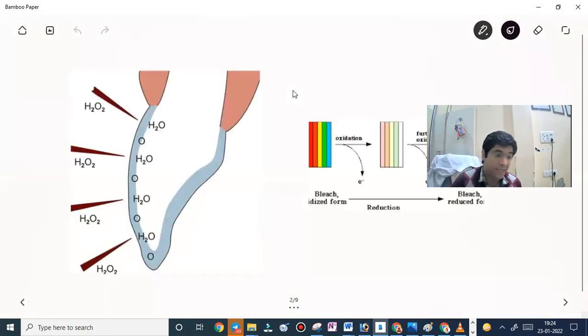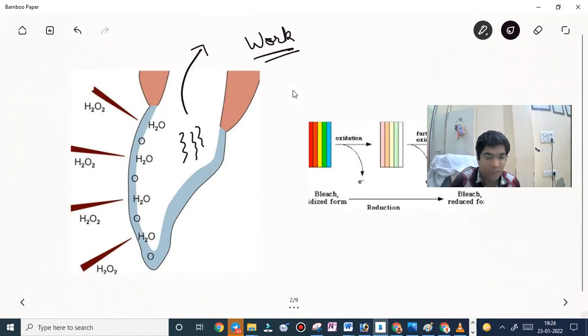Before that, you should know how these bleaching agents will work. How will they act? Remember, it will oxidize the organic pigment that is present in the tooth, that is referred to as bleaching. So how does the bleaching work? What is the mode of action?